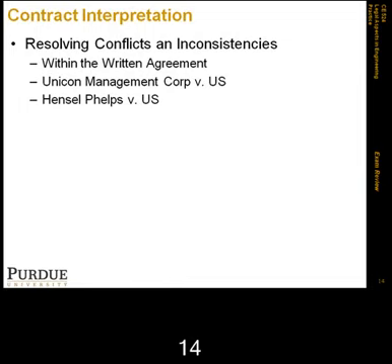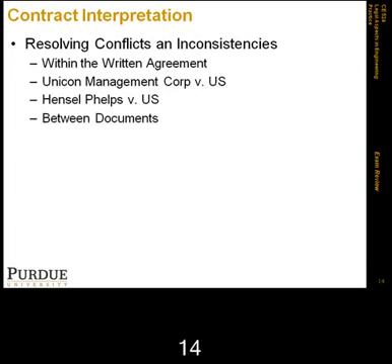So in the end, the Court of Appeals reversed the decision of the board, which had initially denied Hensel Phelps the claim, and it stated that the duty to inquire is not as important anymore if there is a precedence of documents clause, as long as the party is not overreaching. Hensel Phelps in this case was not overreaching. And by overreaching, they mean trying to grab some extra money from the owner.